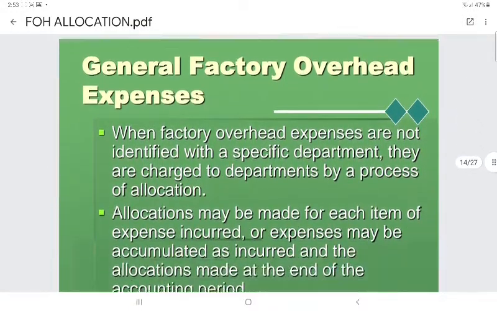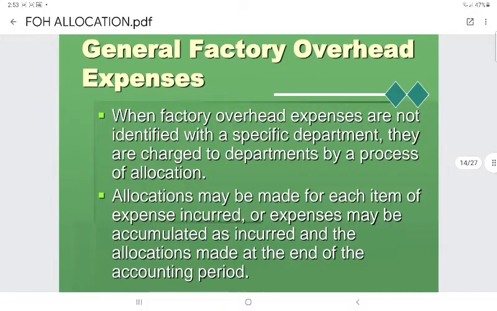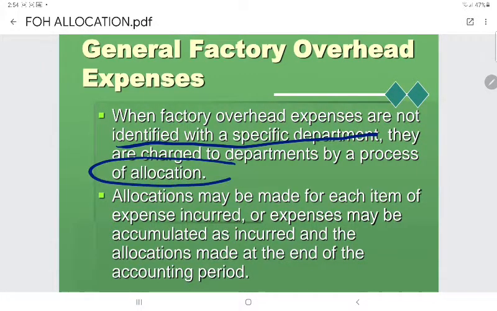Then your general factory overhead expenses. Kasi ang factory overhead mo, pwede kasing traceable. Pwede rin namang everyone is benefited. So, if it cannot be identified with a specific department, then there is a need for us to allocate. Laging ganon. Pag hindi traceable, you have to allocate.